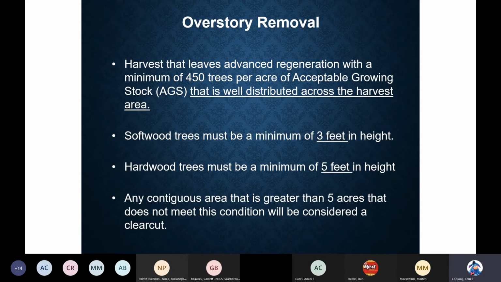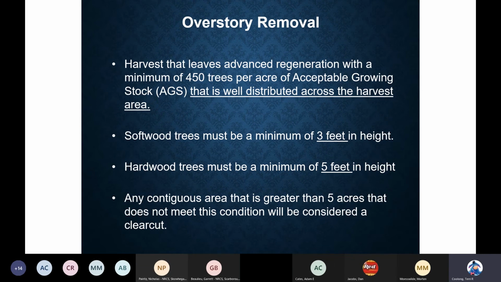An overstory removal is a harvest that leaves advanced regeneration with at least 450 trees per acre of acceptable growing stock that's well distributed across the harvest area. So if you had 1,000 trees per acre on part of it and 200 trees per acre on the other part of it, that is not considered well distributed.